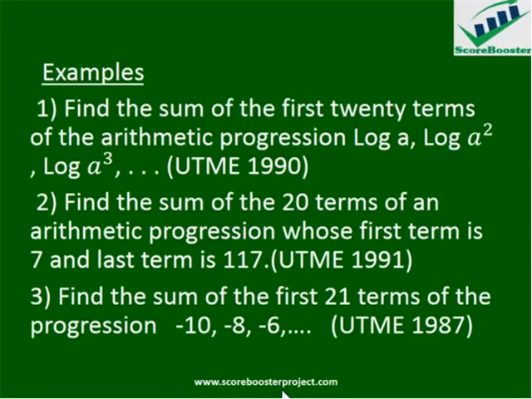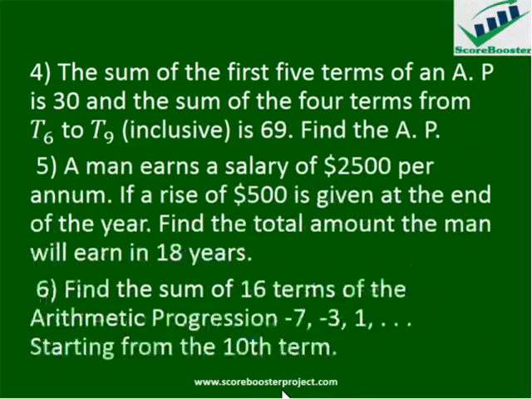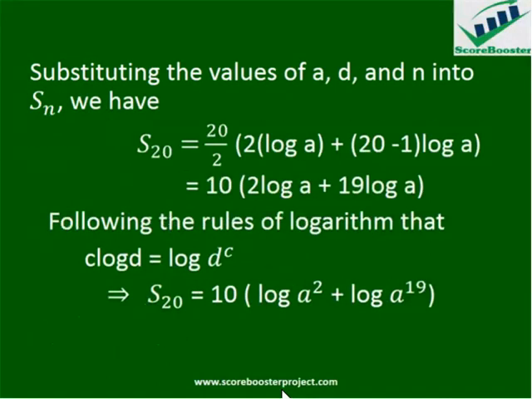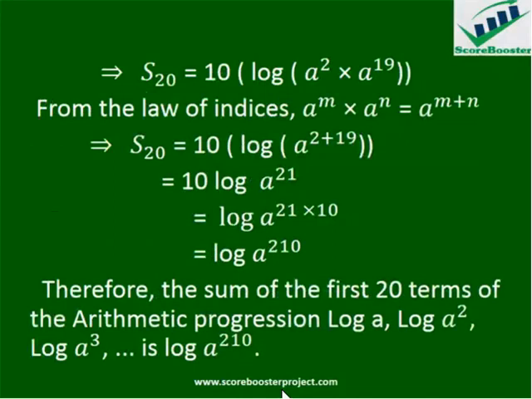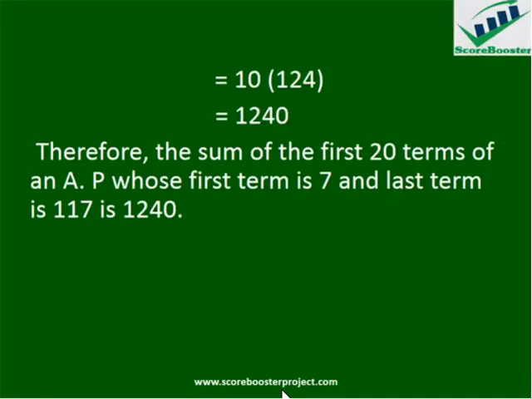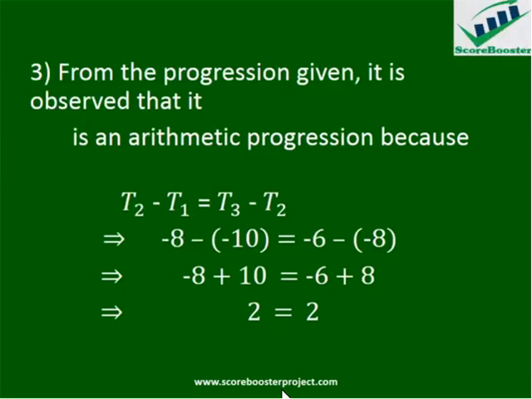So the first thing we are going to do is to determine if that particular sequence is an arithmetic progression by checking if it has a unique common difference. If it has a unique common difference, we obtain the value of that common difference, and then we proceed to finding the sum of its first 21 terms.